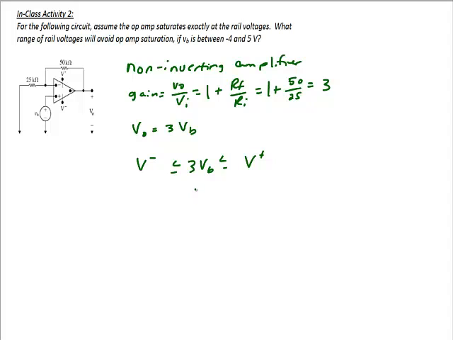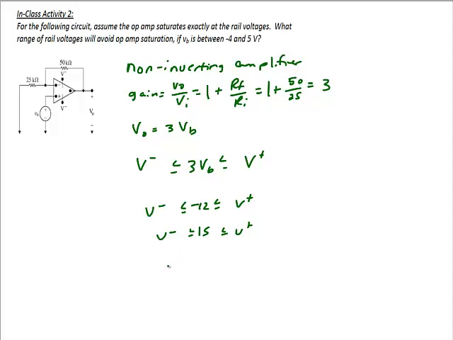So if VB is equal to -4, we need -12 to be between the negative terminal and the positive terminal. And if VB is equal to +5, we need 15 to be between the negative terminal and the positive terminal.